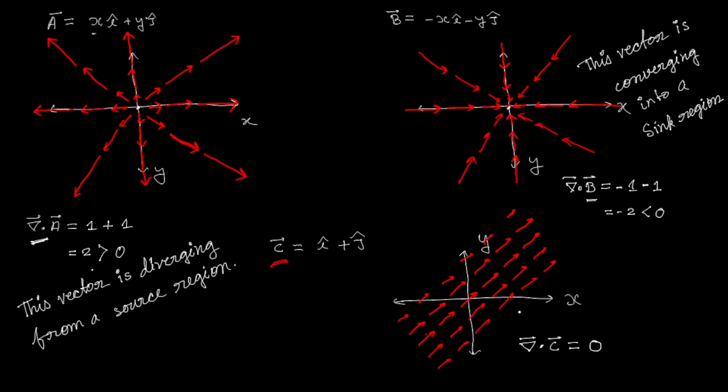And when the divergence of a vector field is 0, this type of vector will neither converge nor diverge.